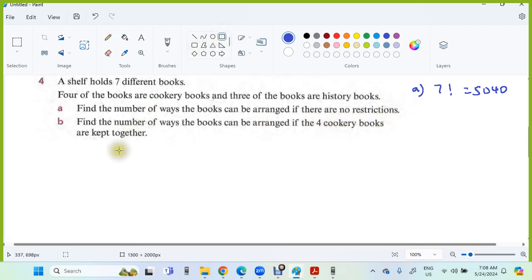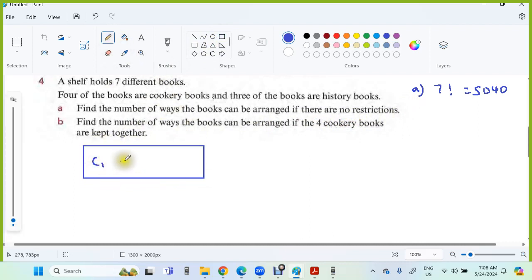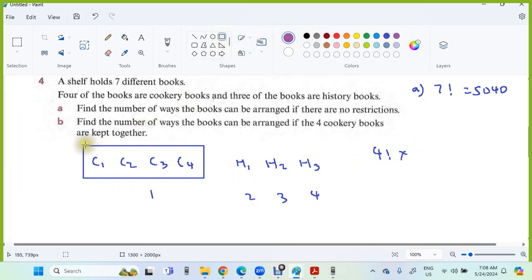And then B, find the number of ways the books can be arranged if the 4 cookery books are kept together. So we imagine we have the C1, C2, C3, C4 group as one. And then we have the H1, H2, H3. So over here, it is 4 factorial, multiplied with the history books themselves.